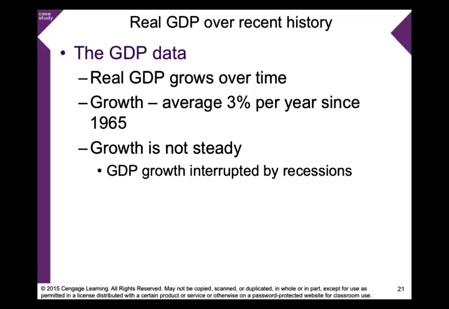Now the GDP data that we have can show us a lot of different things. It can tell us if the real GDP is growing over time, and it can also tell us about the growth. The average growth rate was 3% per year since 1965, which is pretty decent, but we can definitely try to improve it.